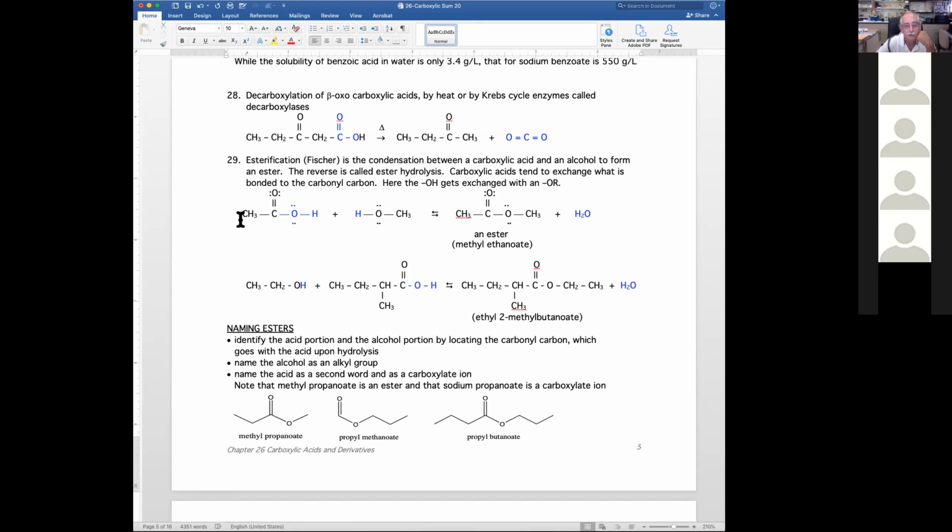Okay. So here's what happens. What we know about carboxylic acids is they like to lose this hydroxy group right here. So if I bring in an alcohol, a couple of things I notice. Carboxylic acids like to change whatever they have on here.